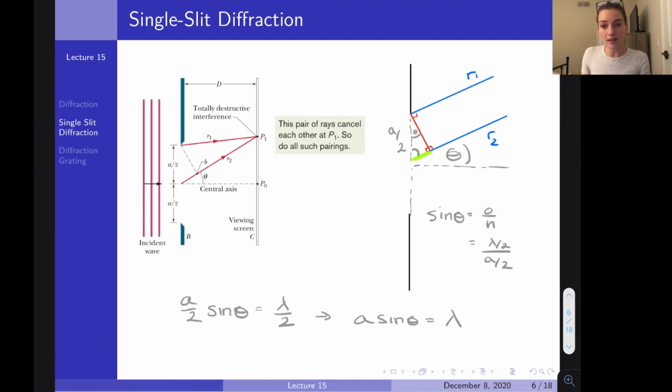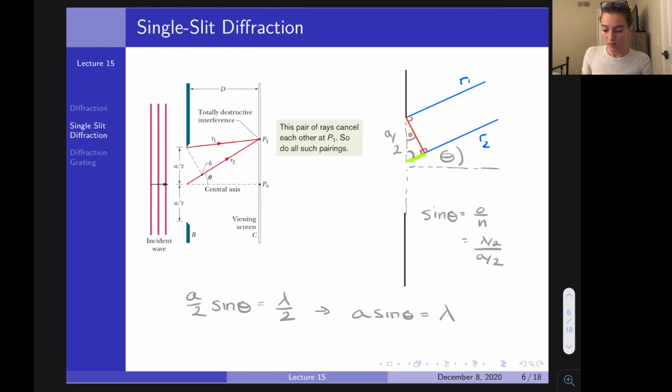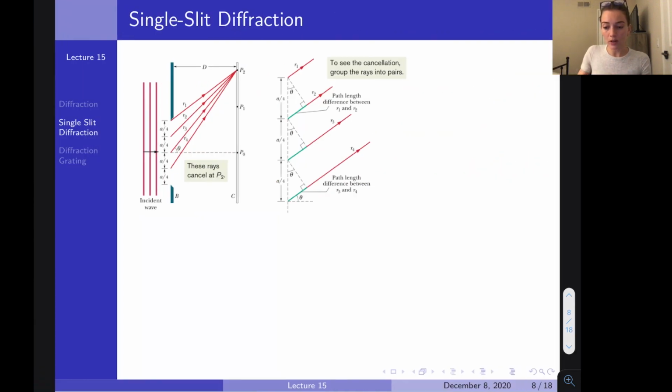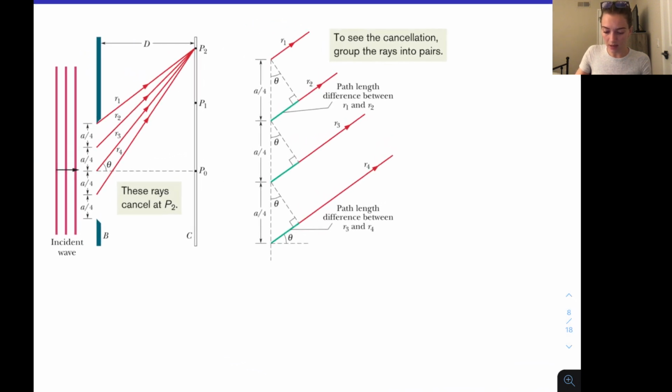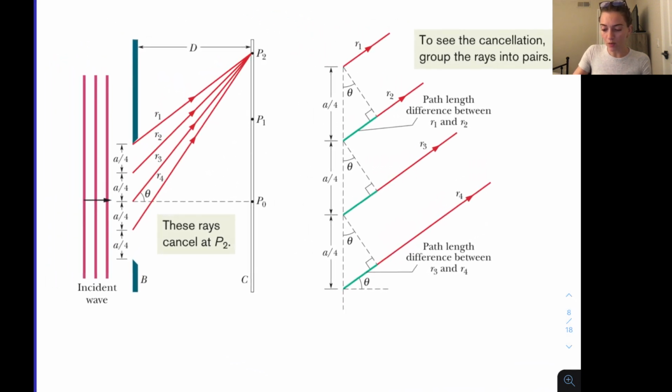Now we can find the location of the second dark spot by doing a similar thing, but instead of breaking this up into halves, we're actually going to break it up into quarters, because we want each pair of light rays essentially to cancel each other out. So same thing as I said before, but now we have 4 sections that we're breaking it up into.